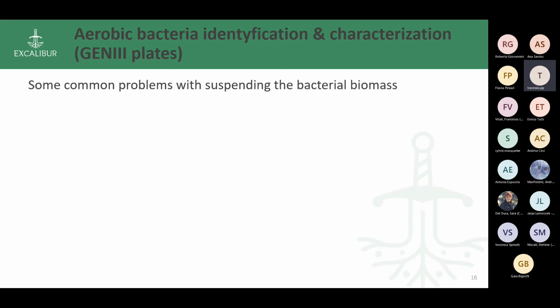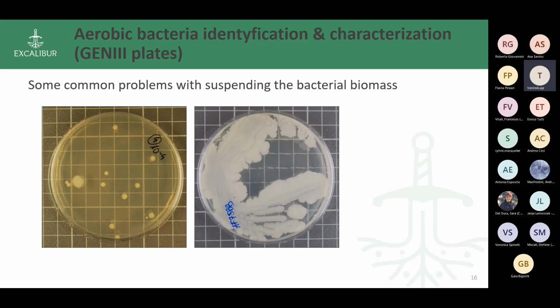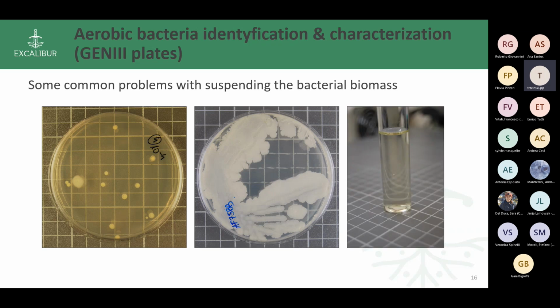Some common problems with suspending the bacterial biomass, because for the test we need a homogeneous inoculum. For some bacteria, for example from the Bacillus subtilis group, there will be some problems because they produce clumps.